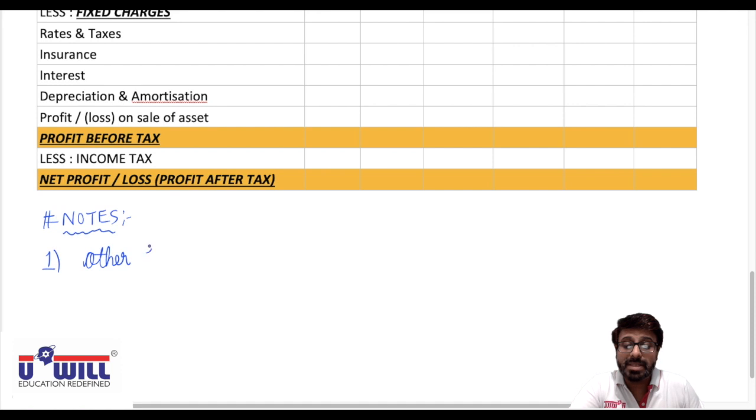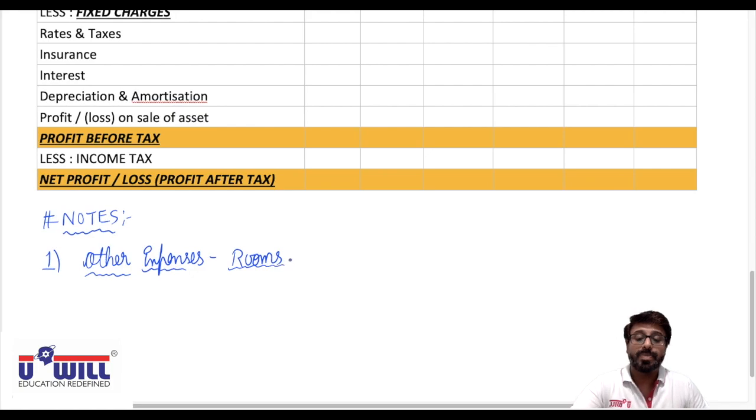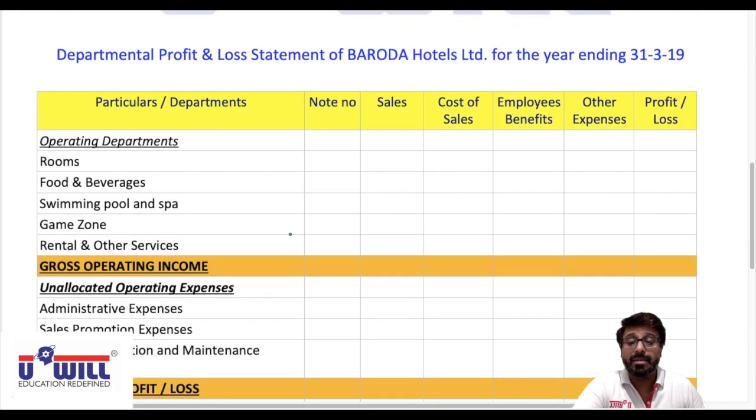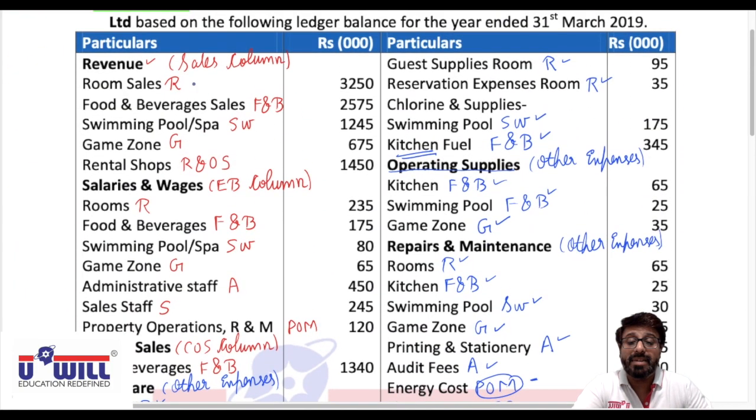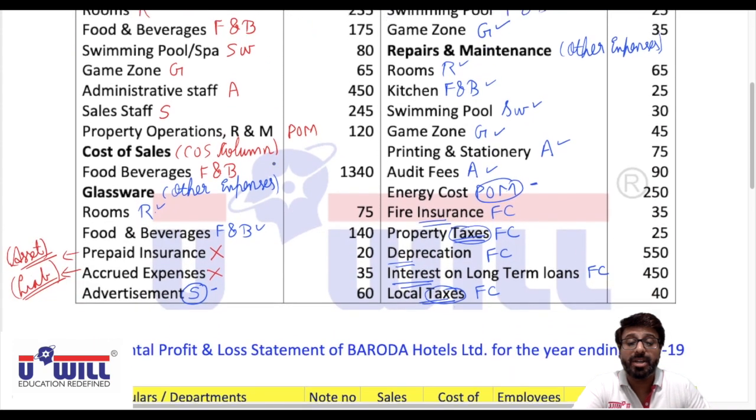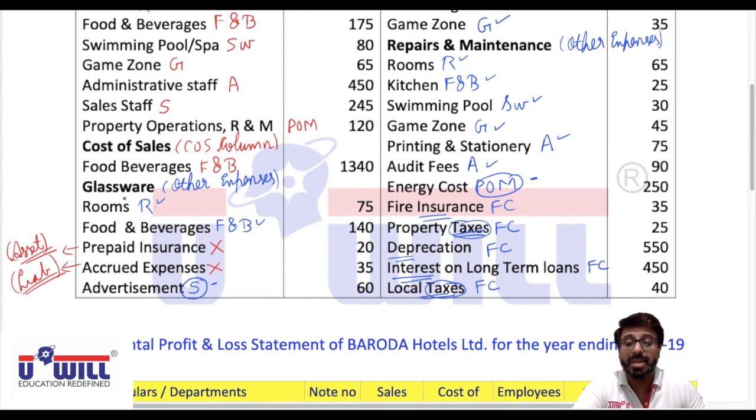So other expenses notes we are making, and in that first for rooms, other expenses of rooms. All the items marked as R, but other than these, because they will directly come in sales column, employees benefit column, and cost of sales column. Glassware onwards. What is the glassware in the rooms? 75.